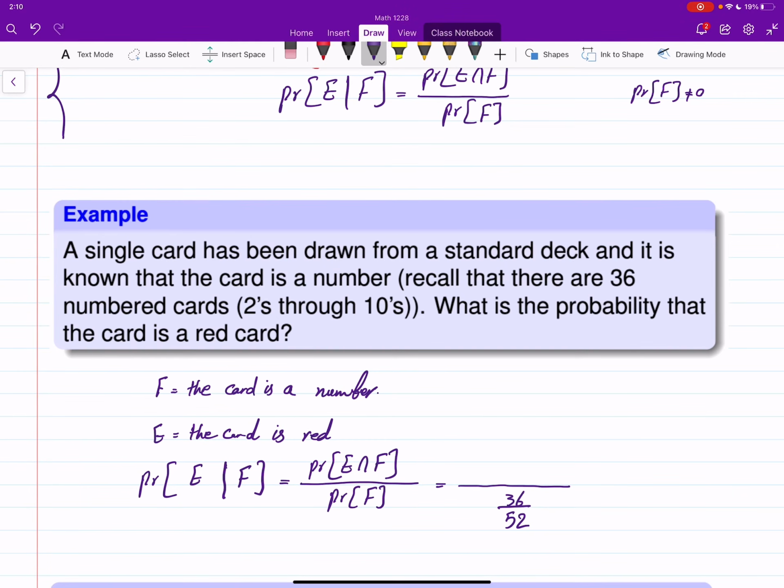But of the number cards that are red, only half of them are red, because there are diamonds 2 to 9 and hearts 2 to 9, so there are just 18 of them which are red and number, divided by 52. And then you see that this cancels with that, and that is equal to 18 over 36, which is 1 over 2.